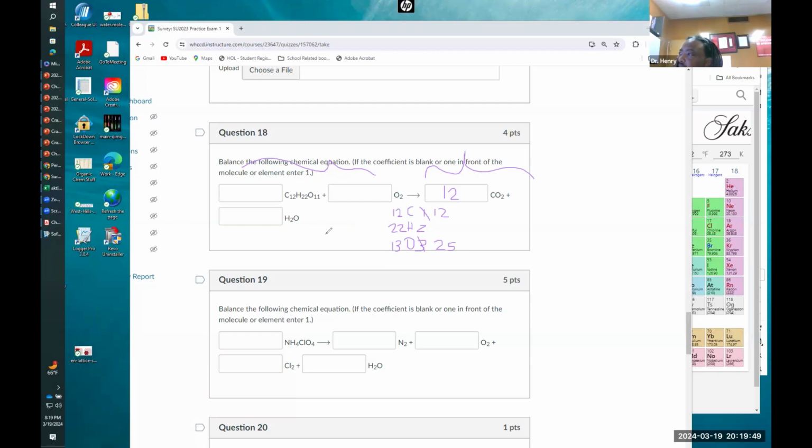Okay, so then what do I need to multiply my water by so that I would end up with 22 hydrogens on my product side? 11. Okay, so now we have 24 plus 11.